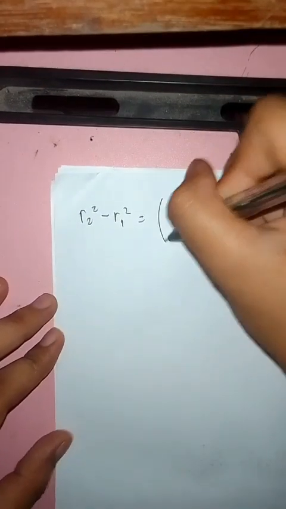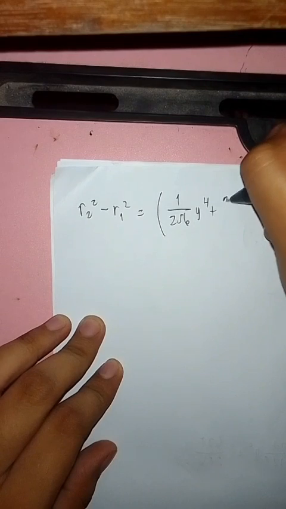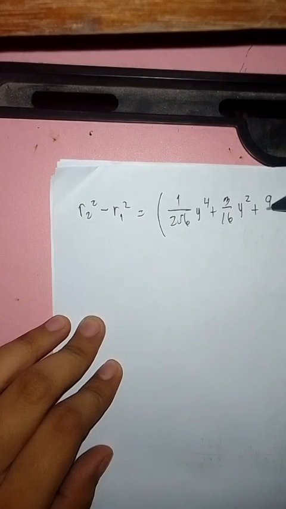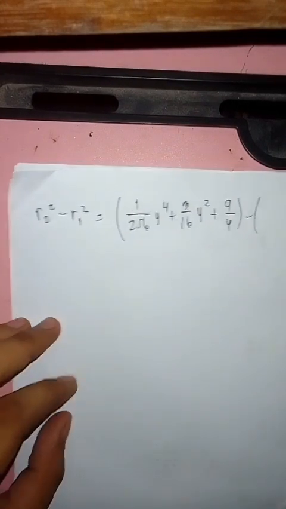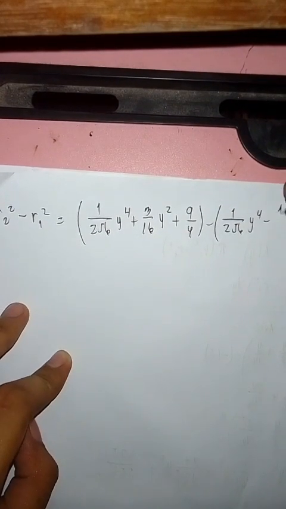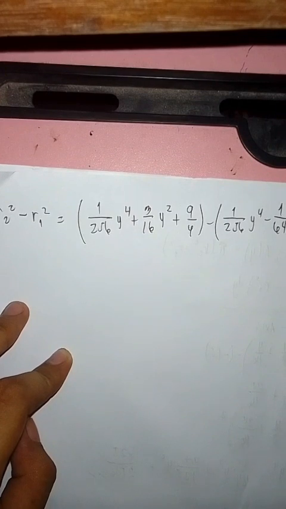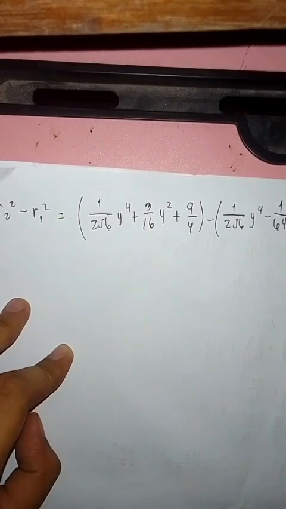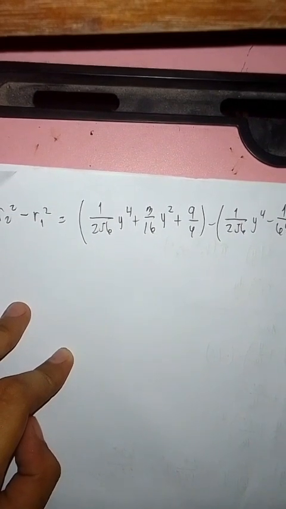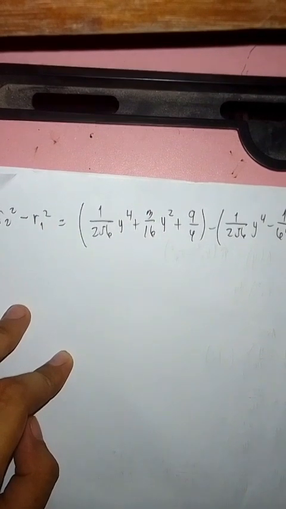So this is now 1 over 256 y raised to 4 plus 3 over 16 y squared plus 9 over 4 minus r sub 1 squared, which is equal to 1 over 256 y raised to 4 minus 1 over 64 y raised to 3 plus 27 over 128 y squared minus 25 over 64 y plus 625 over 256.